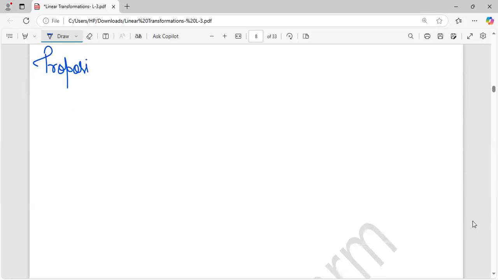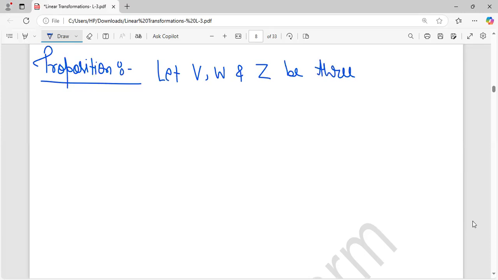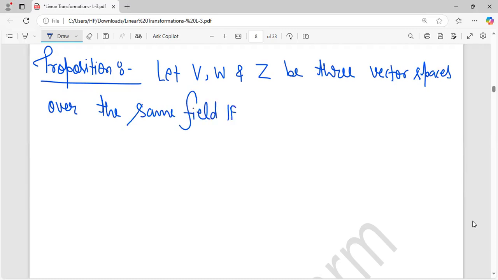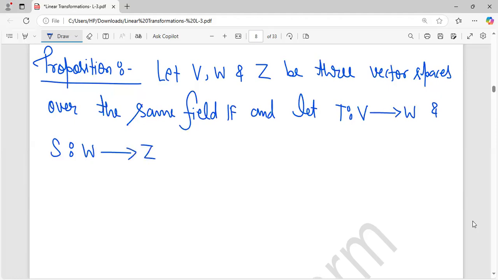Proposition: Let V, W and Z be three vector spaces over the same field F, and let T from V to W and S from W to Z be isomorphisms.